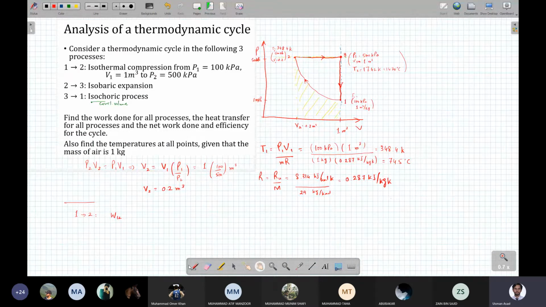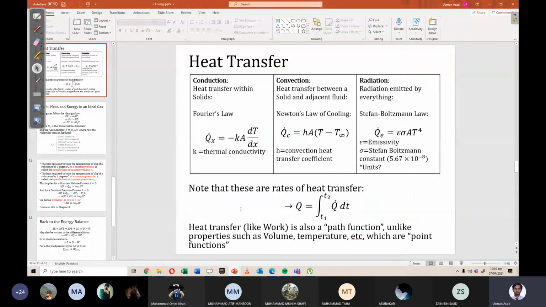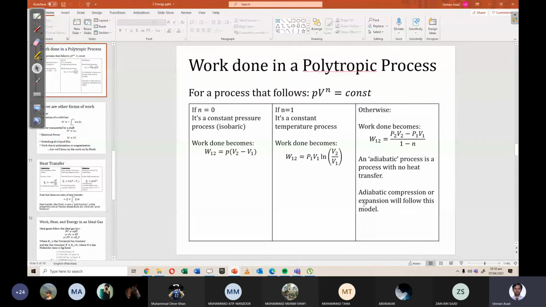How do you find it? सर पीवी। Area under the PV diagram, which for an isothermal process, let me just open up एक slide जिसमें ये जो हमने कुछ calculations की थी ना, उनकी एक summary थी, which is this slide right here.